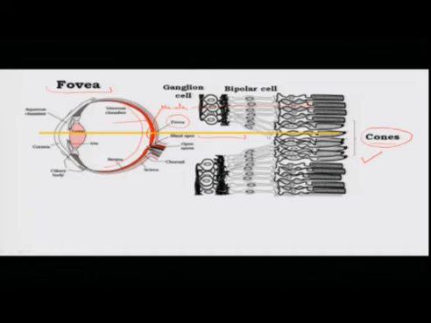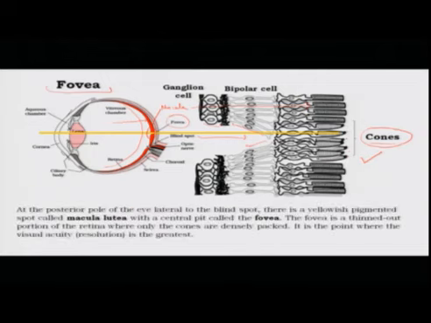Does that mean that these cone photoreceptors are not connected to any bipolar and ganglion cells? No, they are. These bipolars and ganglion cells are connected to the cone photoreceptors, but they have just been pushed aside. So, this is what I just described to you. At the posterior pole of the eye, there is a macula, which is this yellow pigmented structure.